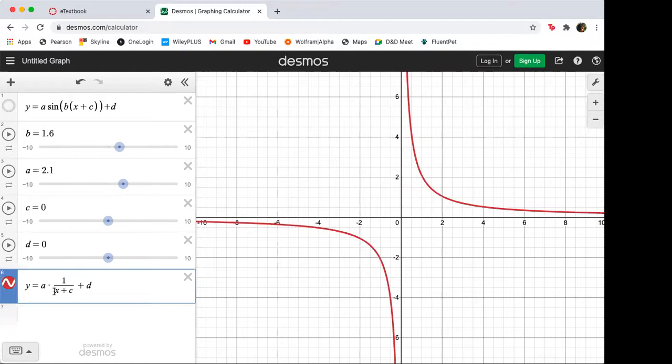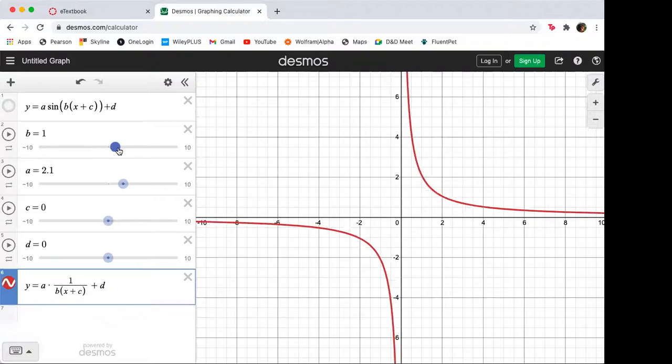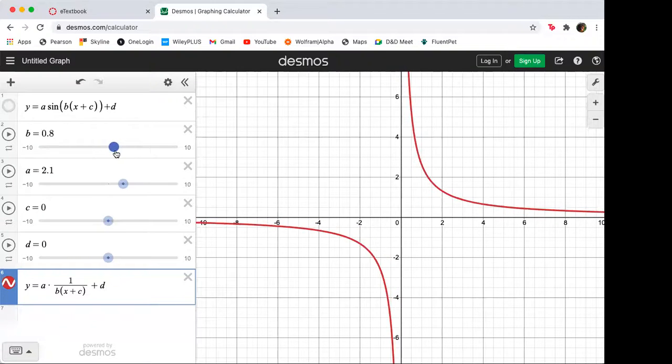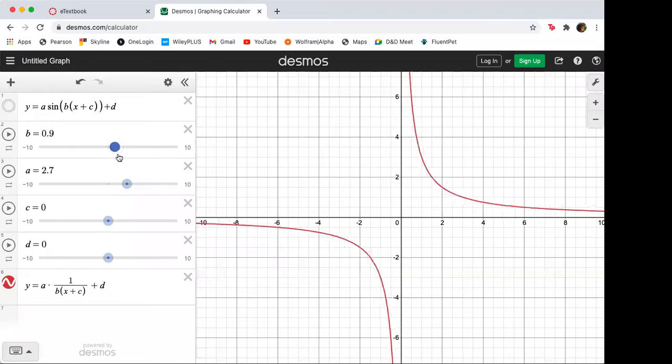And if I multiply inside by b, it's going to look like what I've done here is just really multiplied by a times b. So it's going to look like it's doing the same thing as a. Any questions?